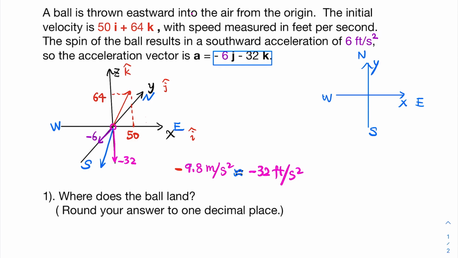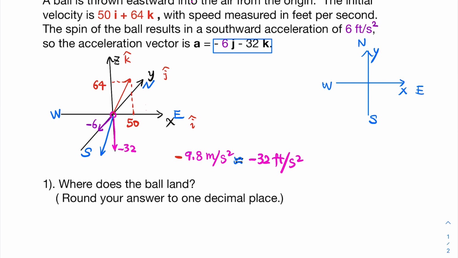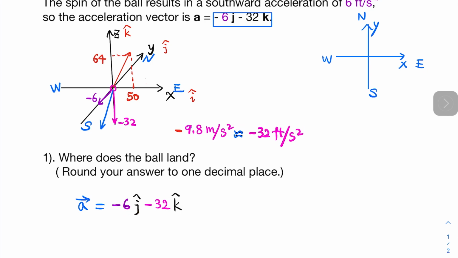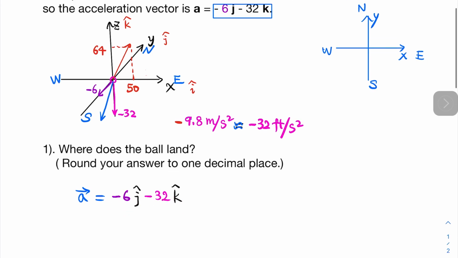Okay, let's find out. To find out where the ball lands, we're going to start with what we are given. We are given this acceleration vector. The acceleration vector is equal to -6j minus 32k. Now, given the acceleration, we can take the antiderivative.